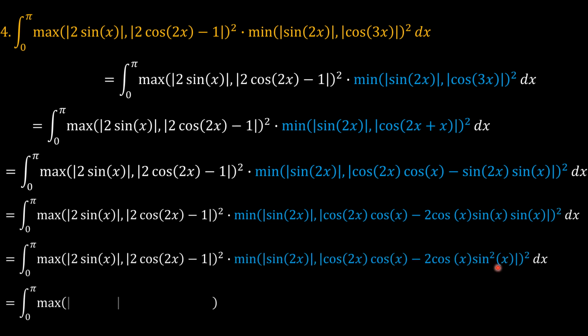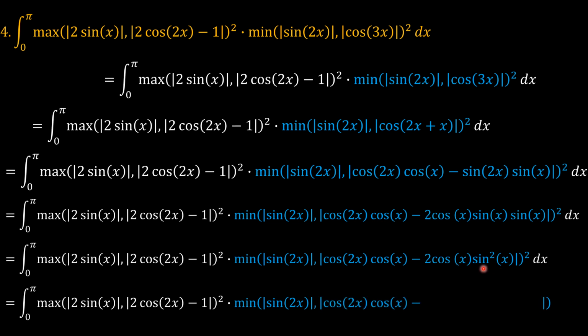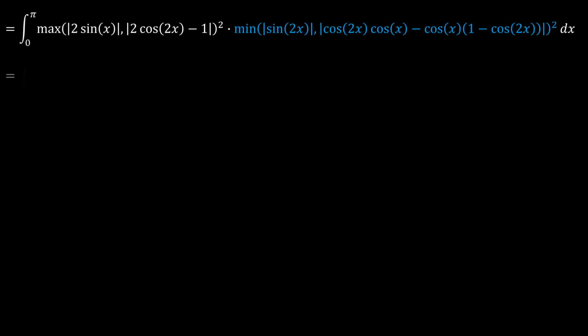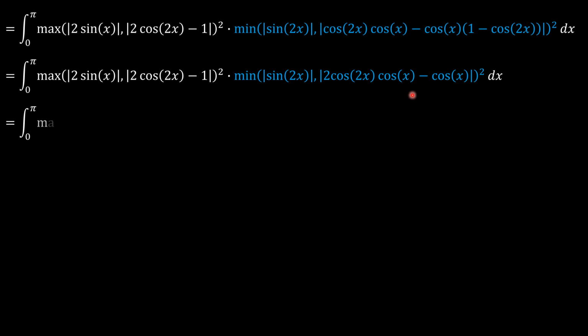So we have sine squared x, expressing sine squared x in form of cosine 2x. That means that 2 sine squared x is the same as 1 minus cosine 2x, so we're going to write 1 minus cosine 2x there, right? And so we can bunch this and this, and we get 2 cosine x minus cosine x. Okay, so that's what we've done here.